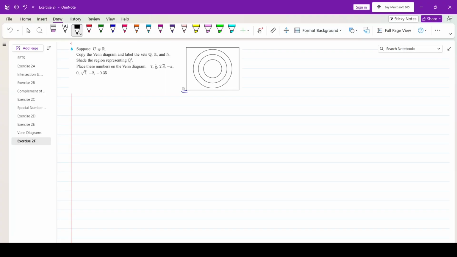Suppose U, that is universal set, is a set of all real numbers. Copy the Venn diagram and label the sets Q, Z, and N. Now we know R is real numbers. Q is rational numbers.